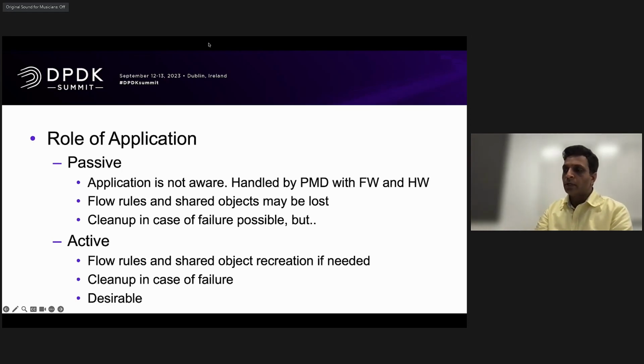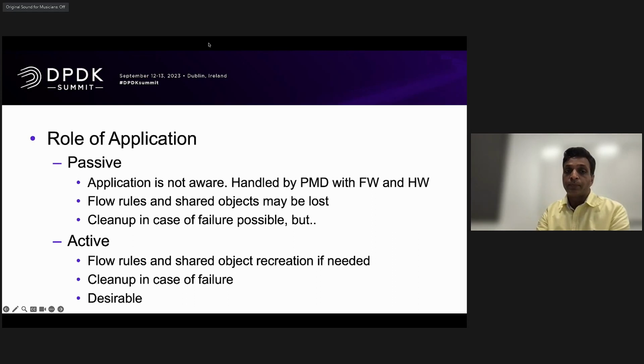Coming to the active mode, as the name indicates, the application is aware that the recovery is in progress, which means it can actually be in control. The application can suspend any control plane or data plane activity once it gets the notification from the underlying poll mode driver.